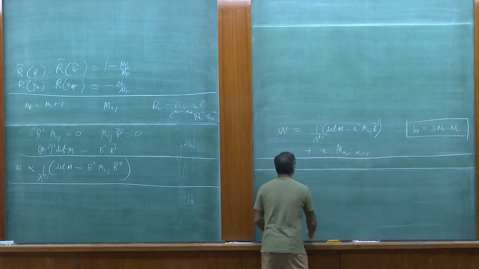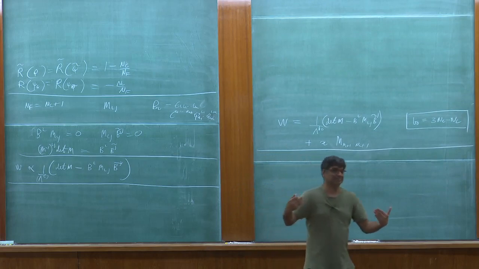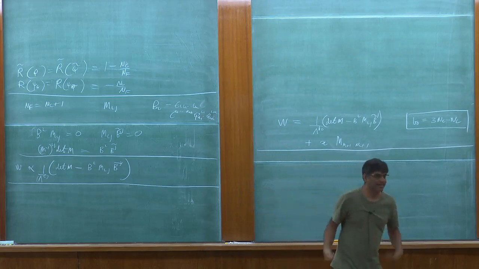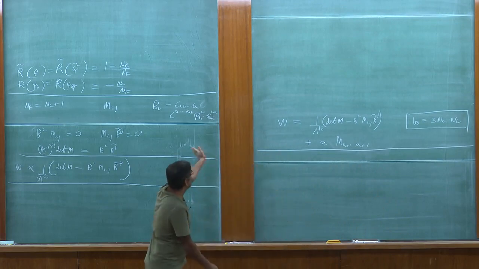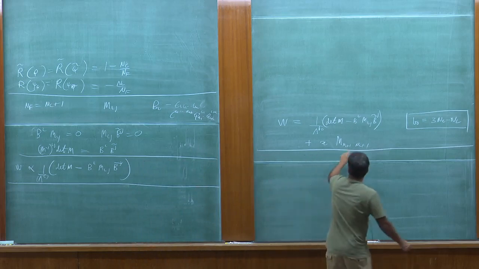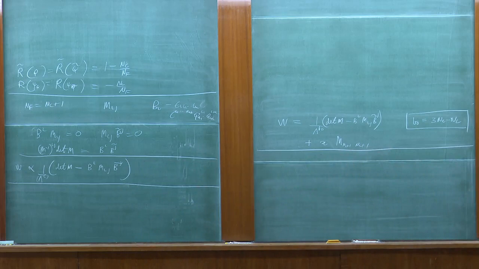When we do that, of course, we're going to go down to a theory with only Nc quarks. So let's see what the equations of motion are for all the fields that we will not have in the low energy problem.